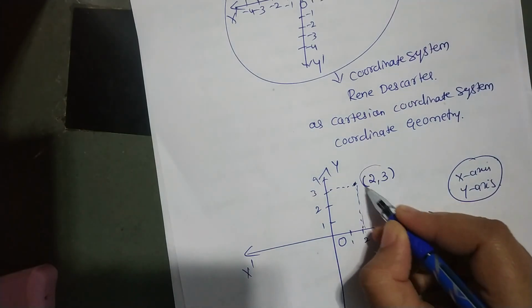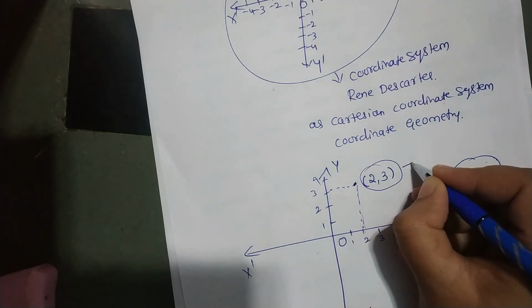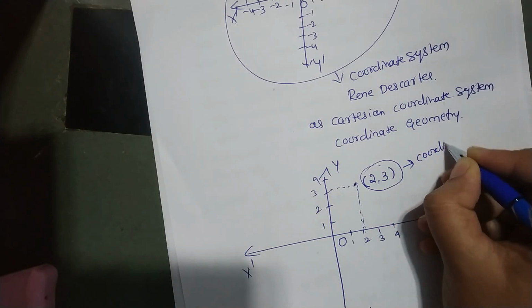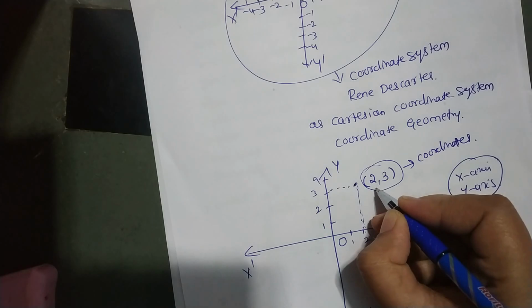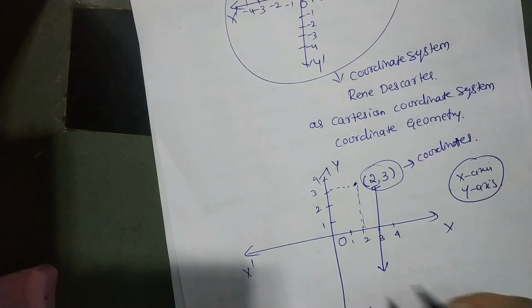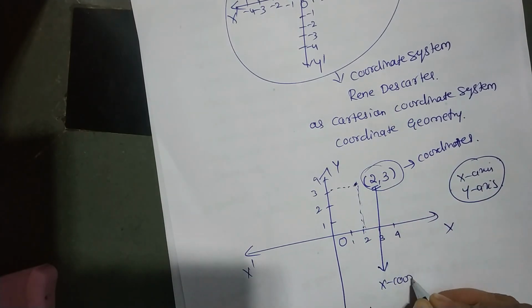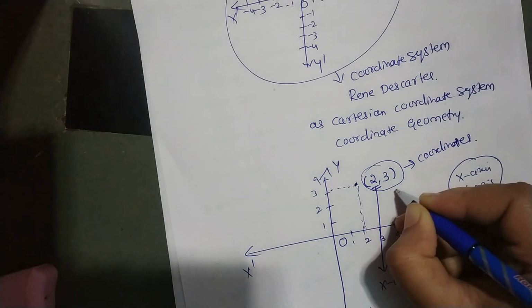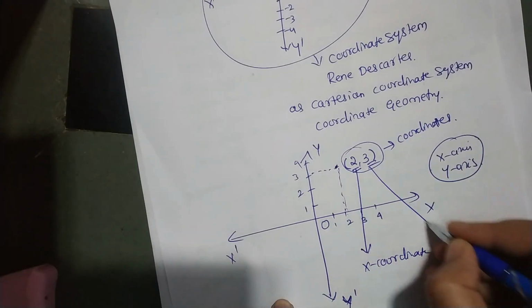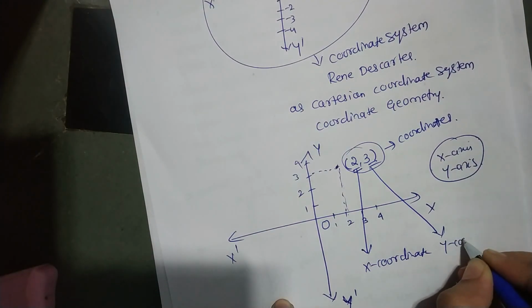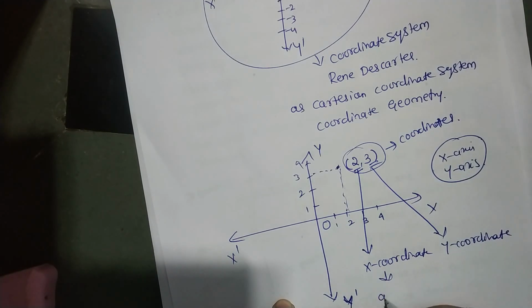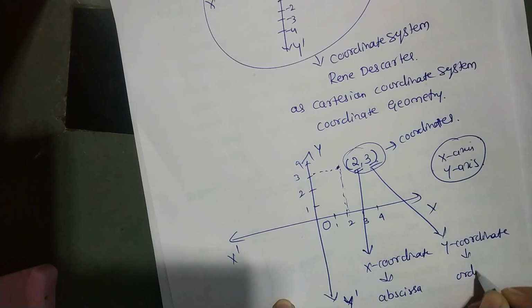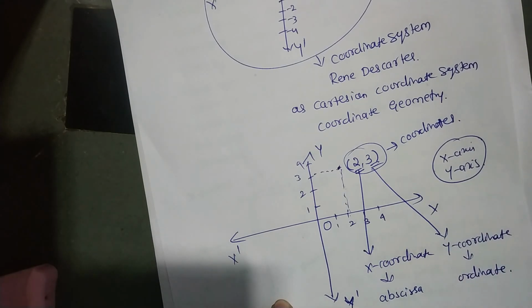This kind of location of a point is called coordinates. The value on the x-axis is called the x-coordinate and the value on the y-axis is called the y-coordinate. The x-coordinate is also known as abscissa. The y-coordinate is also known as ordinate.